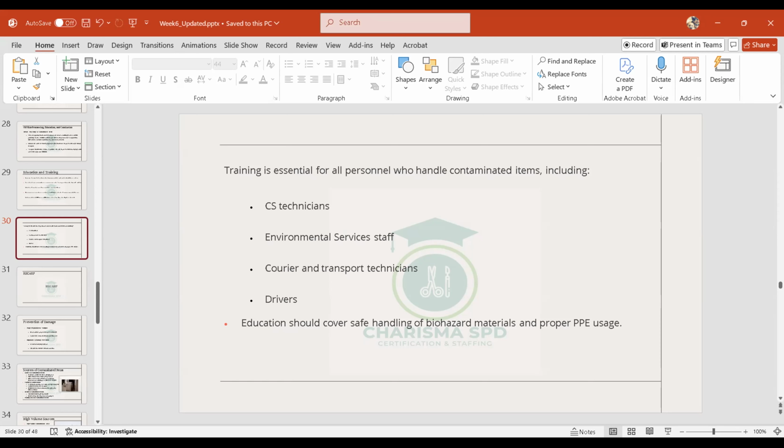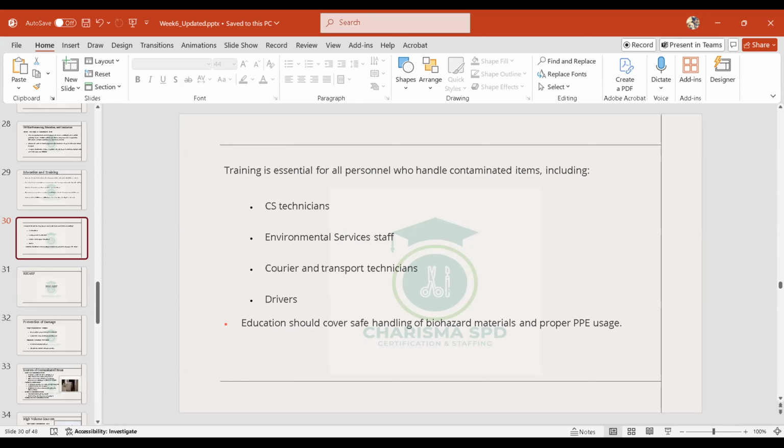Those are the carriers or the transport technicians. In some hospitals, they call them runners. Depending on how the facility wants to title them, they could be transport officers, transport technicians, or runners.